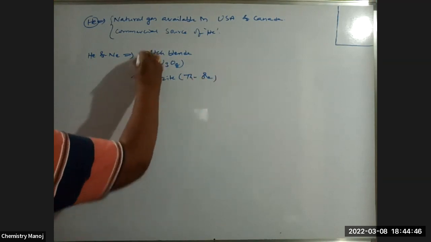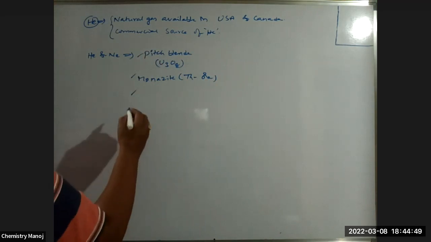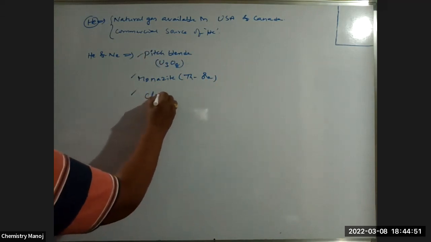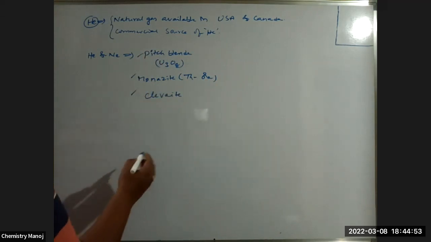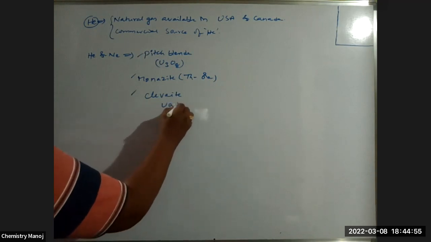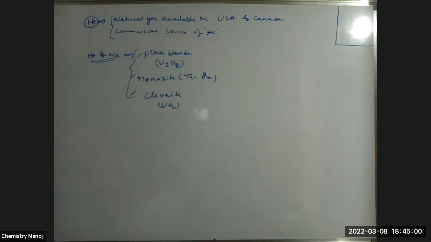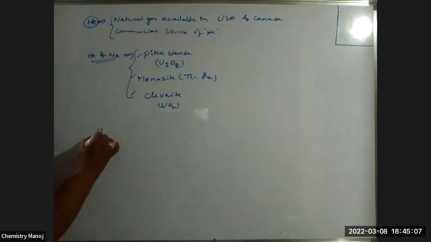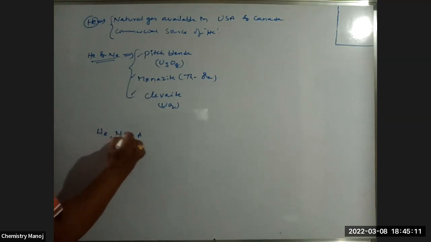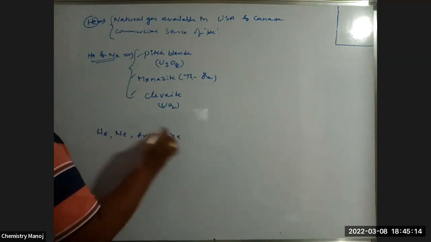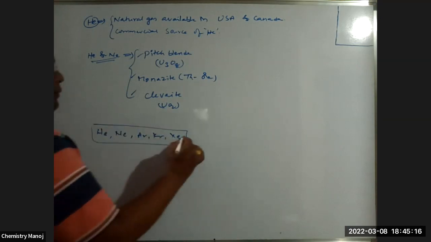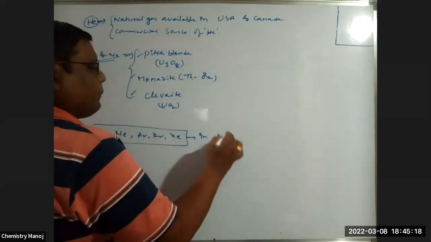Next, cleveite. It is a uranium ore. In these cases, helium and neon are rarely available. These are also some of the sources of helium and neon. Helium, neon, argon, krypton, xenon are the five gases available in air.